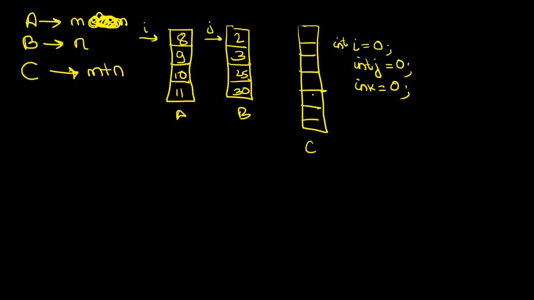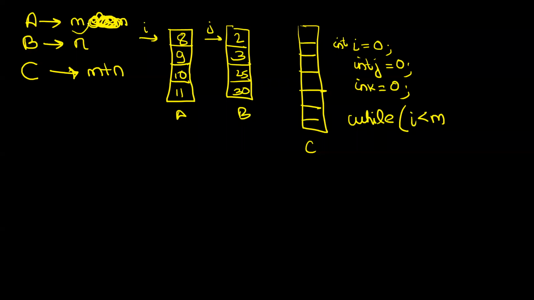Now, till when can I do a comparison? When both the array A and B have an element to offer. And when will both arrays offer an element to me? When i is a valid index and j is also a valid index. So what do I write? While i is less than M. Is it a valid index for i?